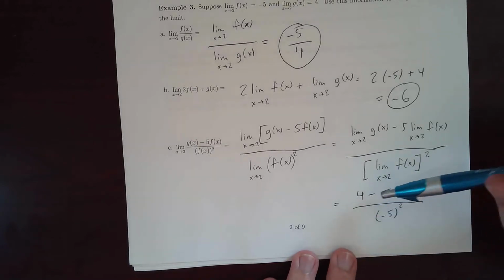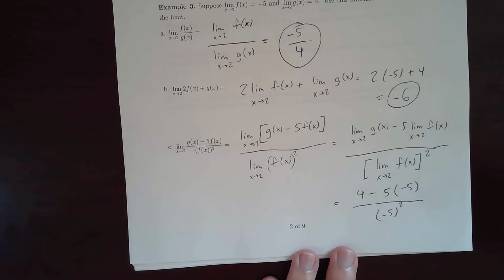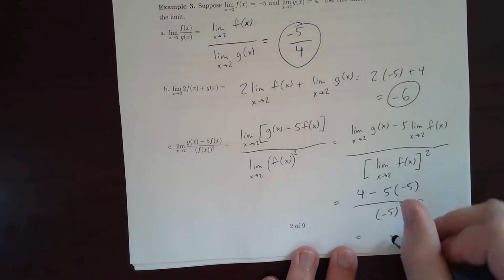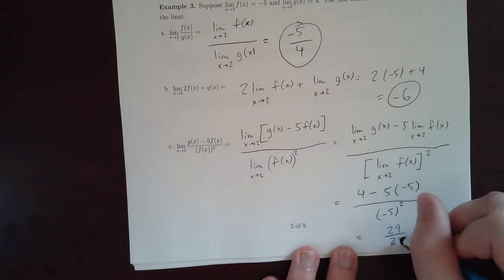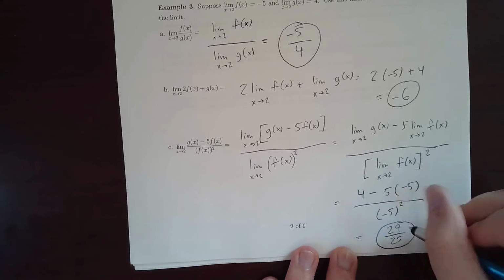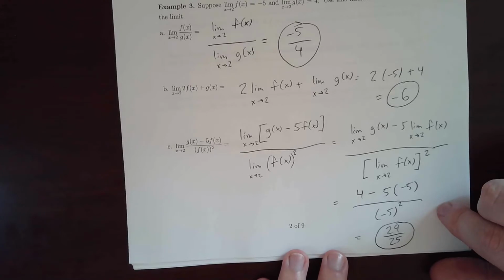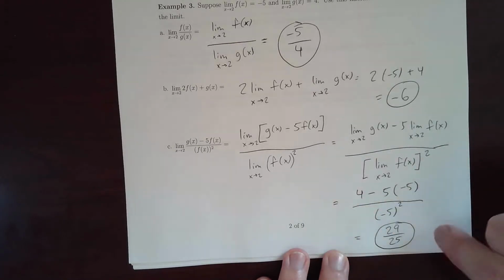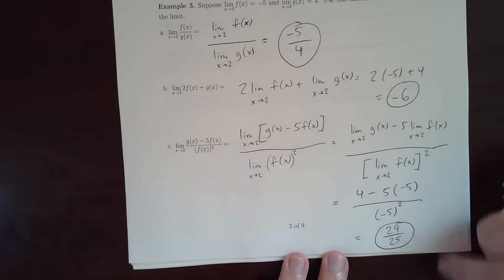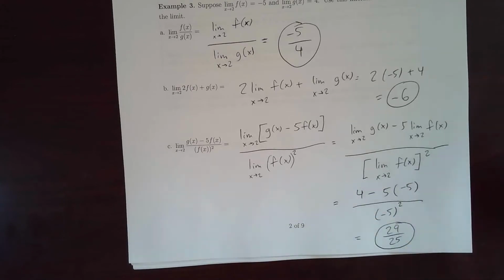And so we'll have 4 minus negative 25, or 4 plus 25, divided by 25. So we'll get 29 over 25. So again, if you sometimes find yourself having issues with negatives, go through this process and plug this in your calculator, and you should be able to get the positive. So just a little bit of a good example to practice with those negatives.